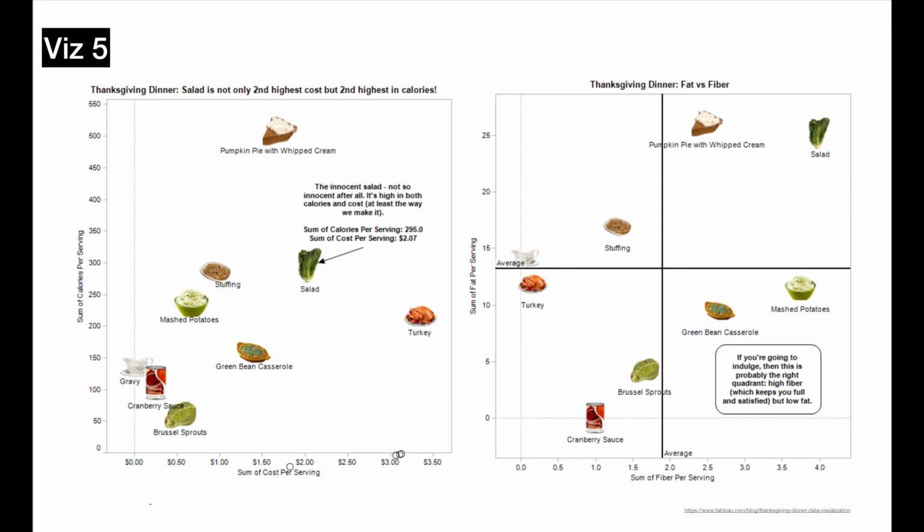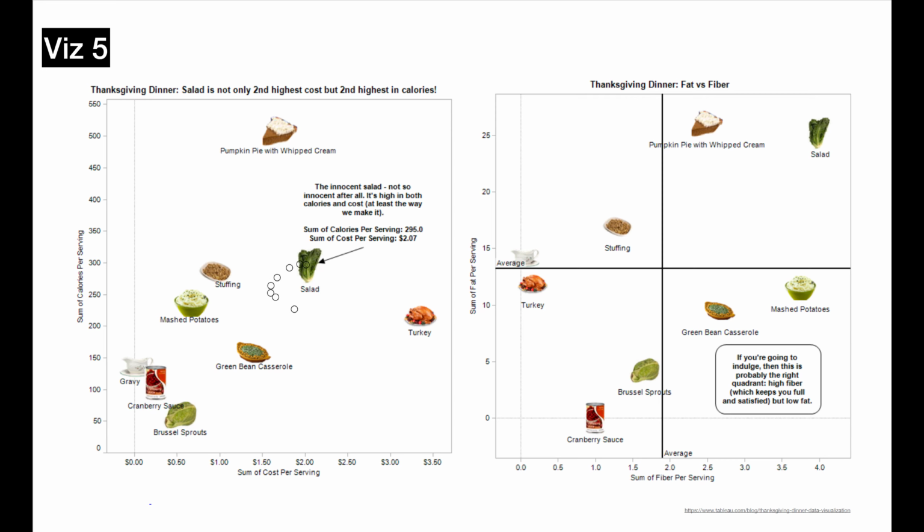Here we have a plot of the number of calories per serving on the vertical and the cost per serving on the horizontal. This time representing the different foods with images rather than just plain old ordinary points.